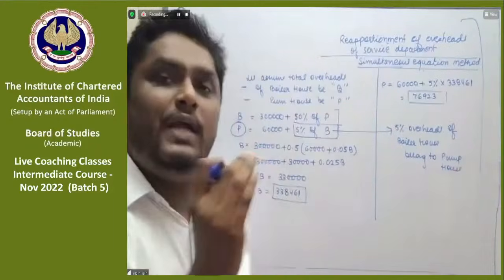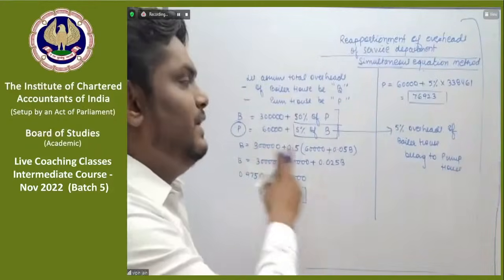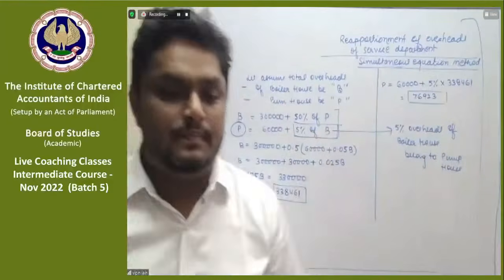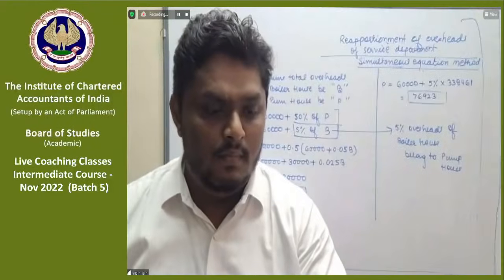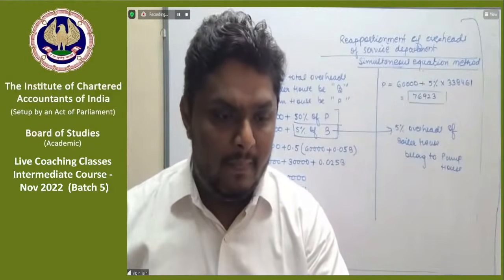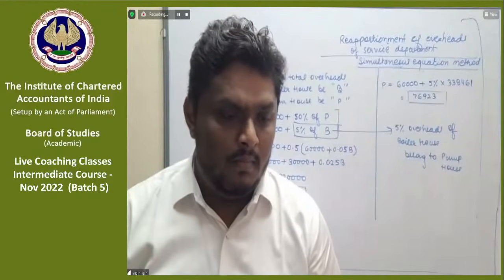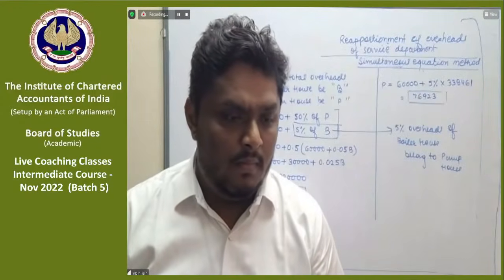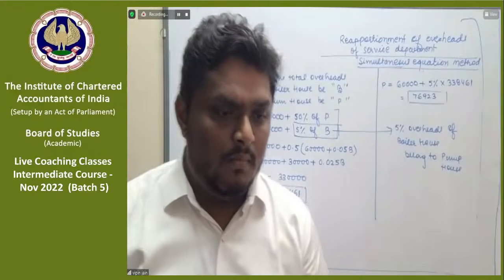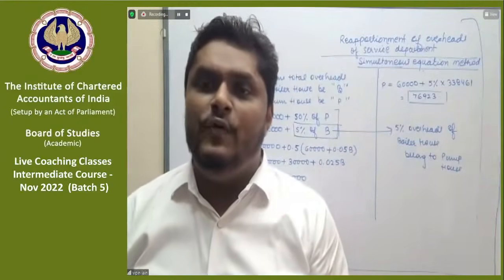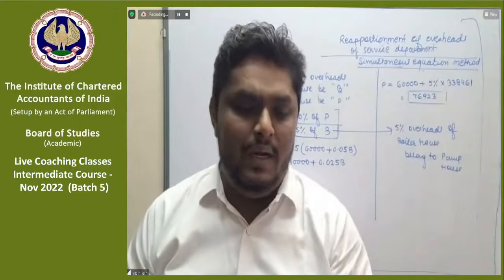So what will be the total overheads of pump house? 60,000 plus 5% overheads of boiler house. If you guys have any doubts, please ask me. Waiting for your queries. The simultaneous equation is over, guys.